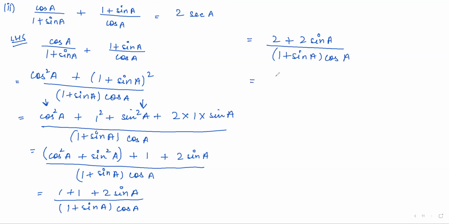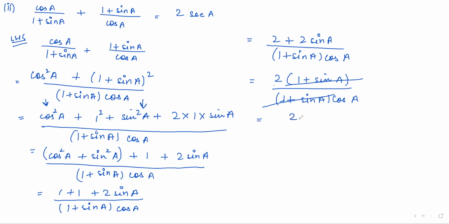Now I can take 2 common. So I get 1 plus sin A divided by 1 plus sin A into cos A. Now this whole bracket, 1 plus sin A and 1 plus sin A, will get cancelled out.